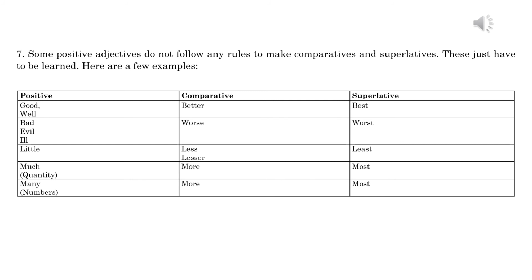7. Some positive adjectives do not follow any rules to make comparatives and superlatives. These just have to be learned. Here are a few examples.